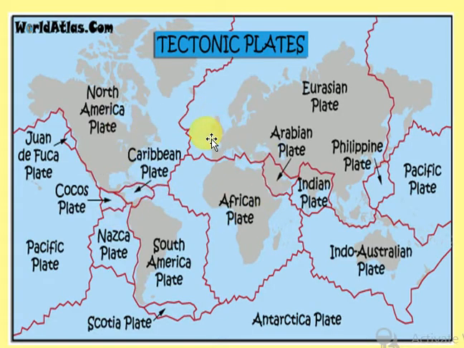Before that, we can see all these are the tectonic plate areas of the world. These are sensitive areas where a lot of earthquake and volcanic activities take place. Plate tectonics you have learned earlier, and in this you know that plates are moving towards each other, apart from each other, or one above the other.